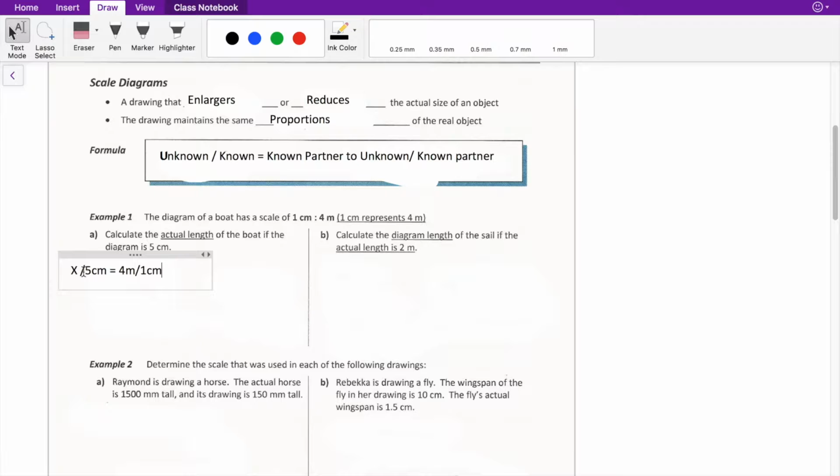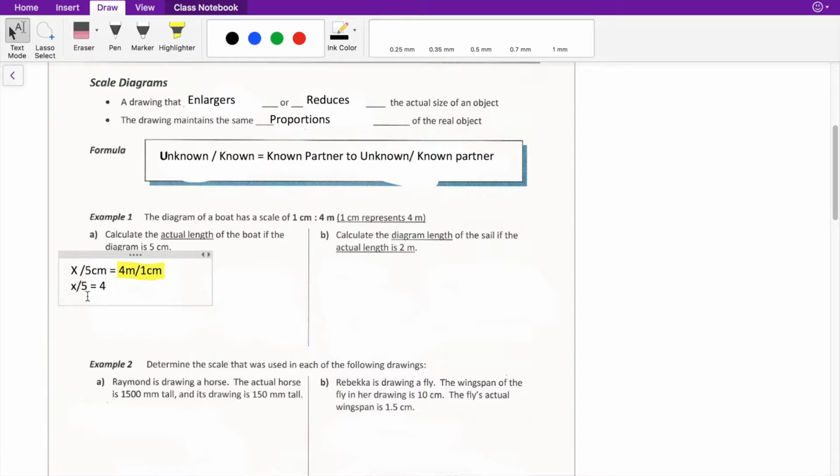The first thing we do is we divide this side first. So that's going to give me x divided by 5 equals 4 divided by 1, which is just 4. Then my next step, I have to bring that 5 over.